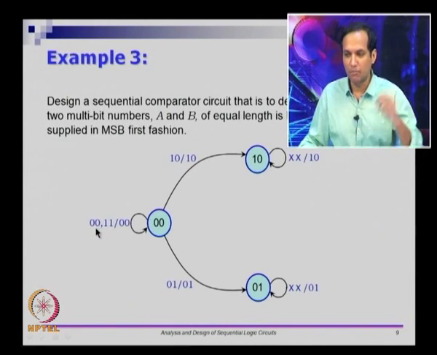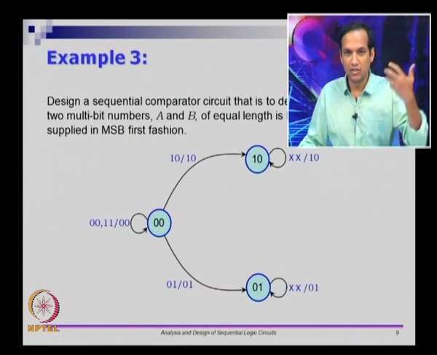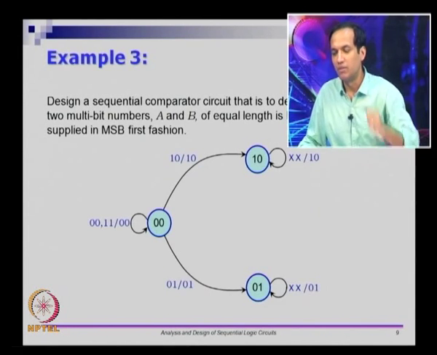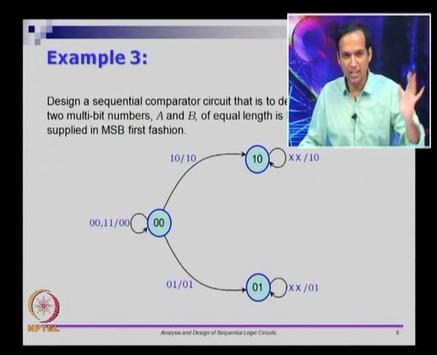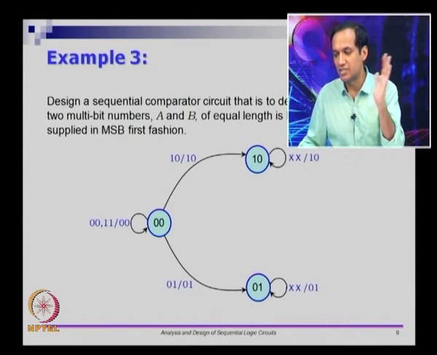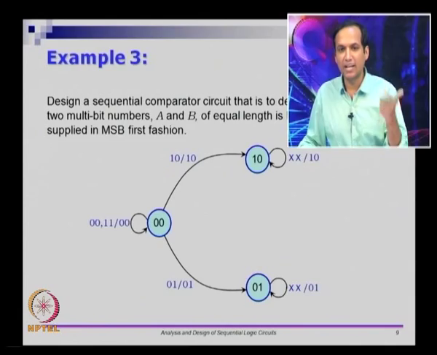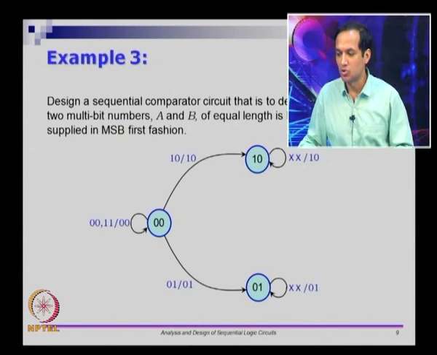So if both of them in the most significant position have a 0, it means the very first bit is not enough for me, I need to look at the bit second from the left. Or if both of them are 1, I still cannot distinguish and say A is greater than B. So in either case I do not have a conclusion, so I will output 00 and remain in the same state.